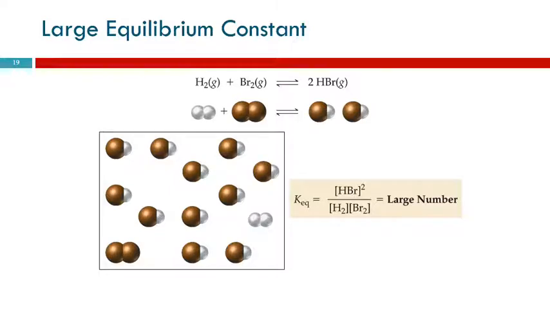So here we have the H2 and Br2 forming 2HBr. That equilibrium constant is a big number. So if you look at the composition of this mixture at equilibrium, you see that there's very little of the reactant. There's a little bit of these reactants, but it's mostly product, because the product concentration is going to be a lot higher.